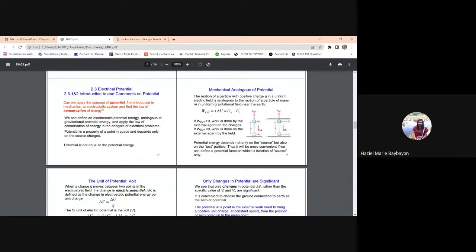The potential depends only on the source charges, so it does not matter what charges surround it, but the potential energy depends on the source as well as the test charge. So it will be more convenient if we can define a potential function which is a function of the source only.